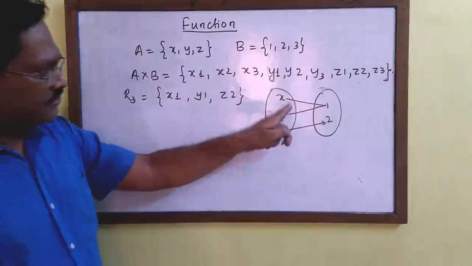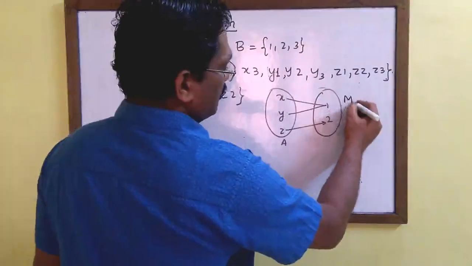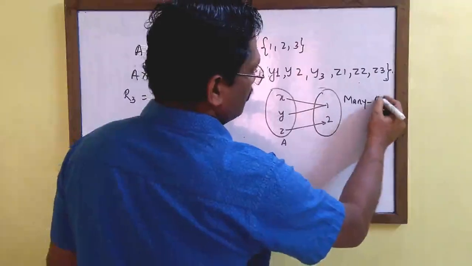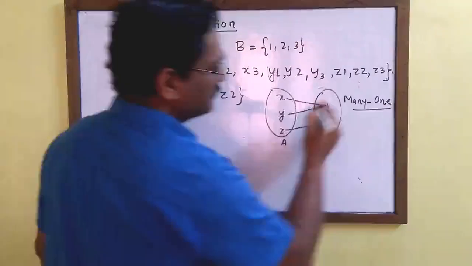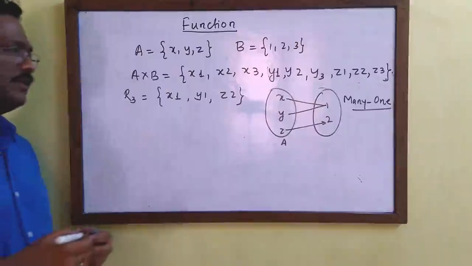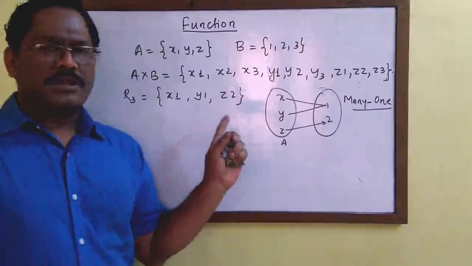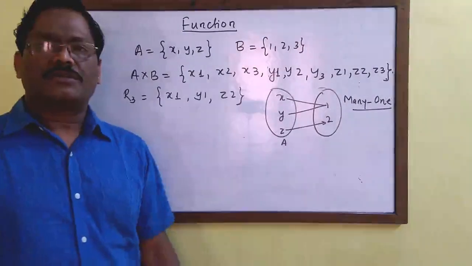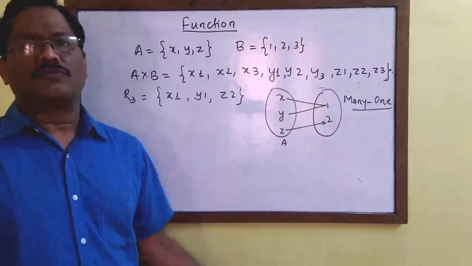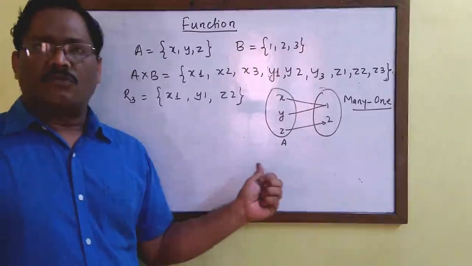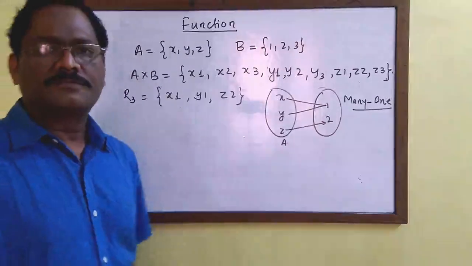This kind of mapping is a many-one map. As you have seen, there are practically speaking three kinds of mappings possible: 1-1, 1-many and many-one.